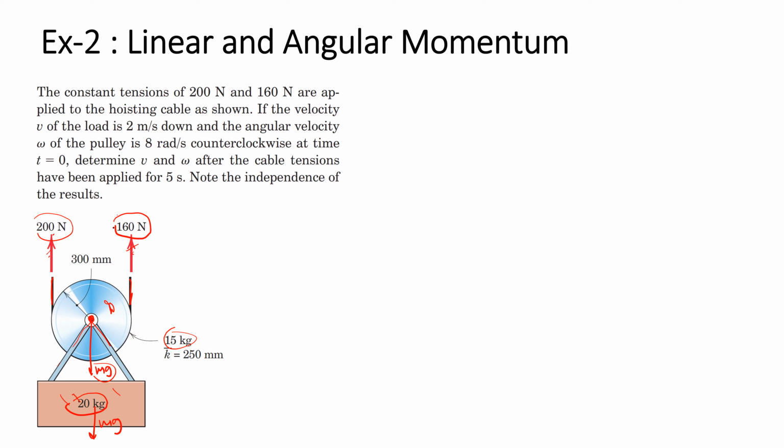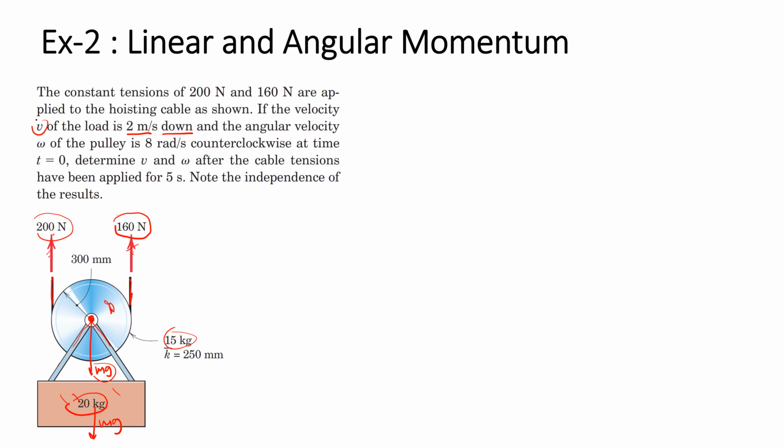In the initial condition, the pulley itself and the load already have velocity.